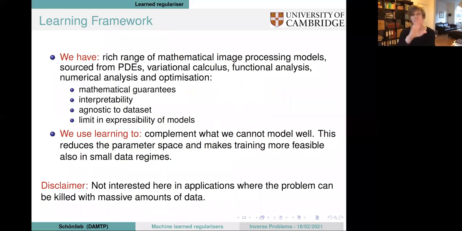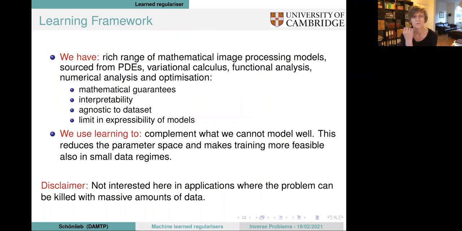And again, this slide is mainly for when I'm talking in front of more machine learning oriented people. Let's say I'm really interested in problems which cannot be solved basically with huge amounts of data.